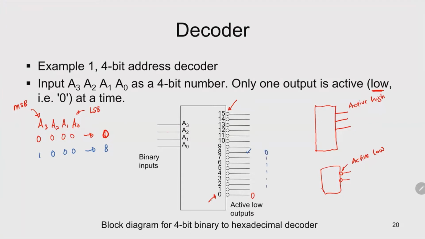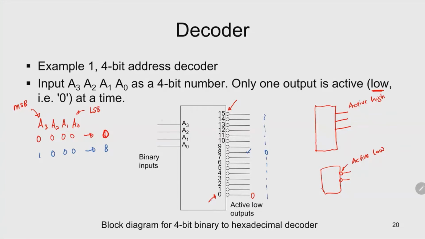The rest will be 1. Only one output will be activated at a time, and when that output is activated, it will go to 0, or else all the outputs will stay at 1. And to activate that, you need the right combination of the binary number at the input.